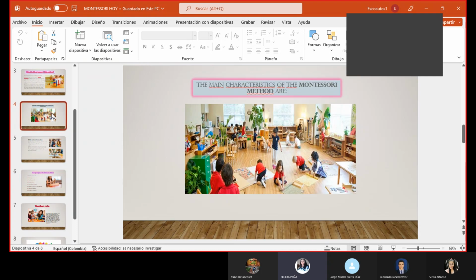Okay. The main characteristics of the Montessori method are: children should be free to develop and learn at their own pace in a stimulating environment, with understanding and observation by the adults or the teacher.